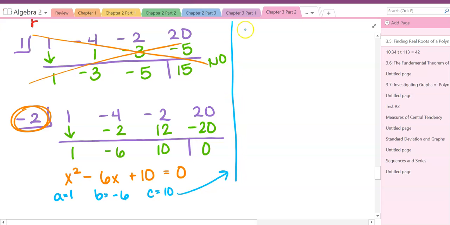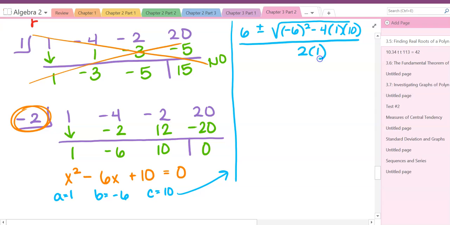So you always do opposite of B, so your B is -6, that's going to become +6. Plus or minus, under the square root sign, it's B squared. So -6 squared minus 4AC, so times 1 times 10, all over 2 times 1.